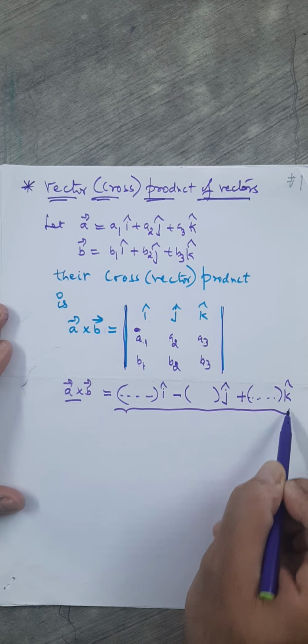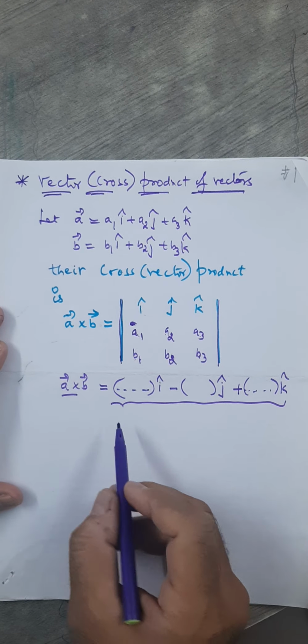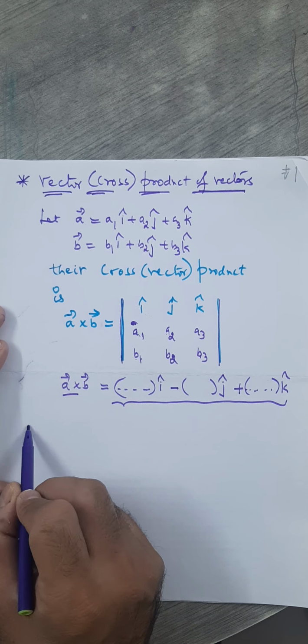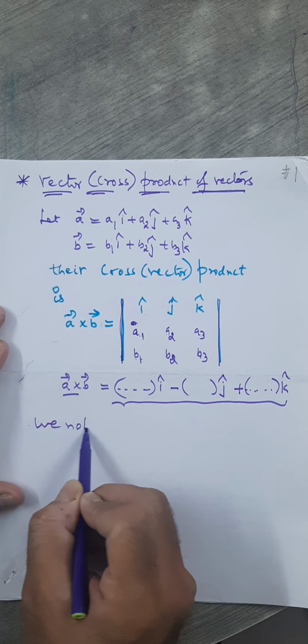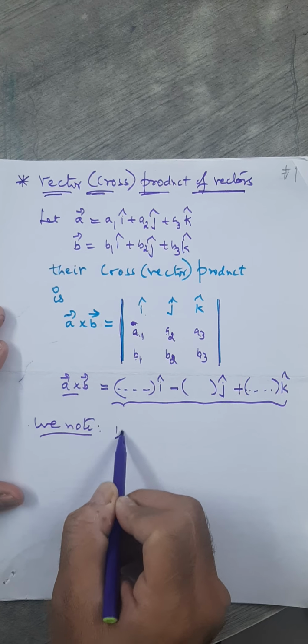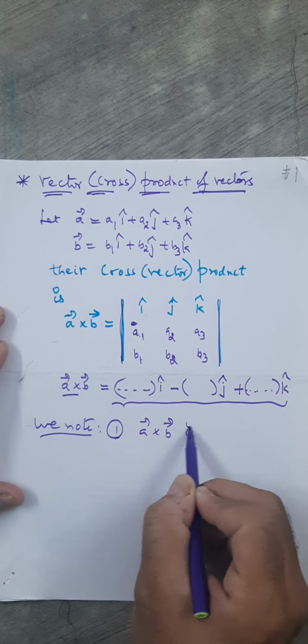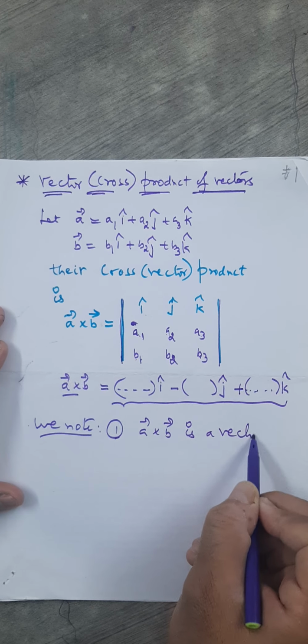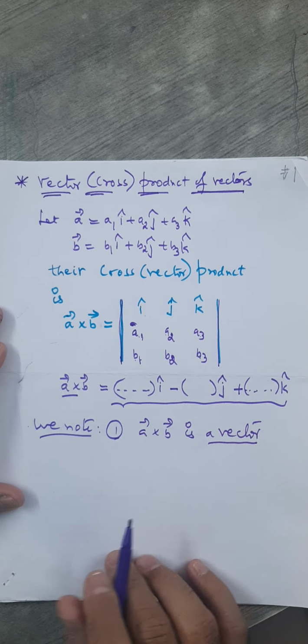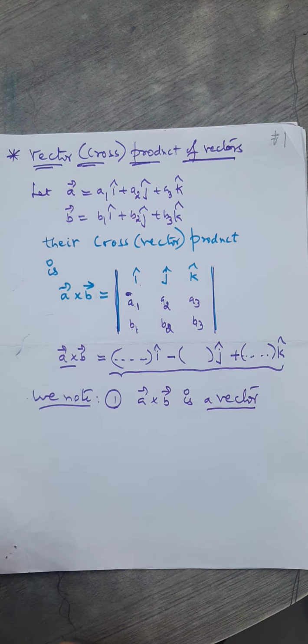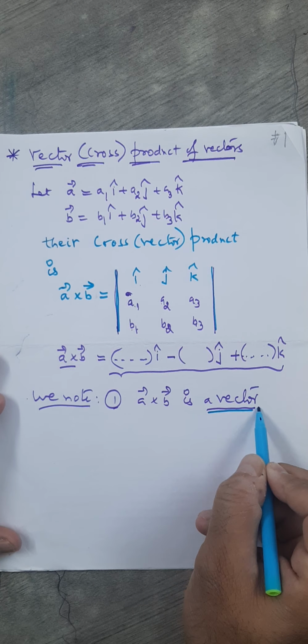This is a vector, remember. So the first thing we note here is that the cross product of two vectors is a vector. If you remember, the dot product of two vectors is a scalar, but here the cross product of two vectors is a vector. The answer will be a vector.